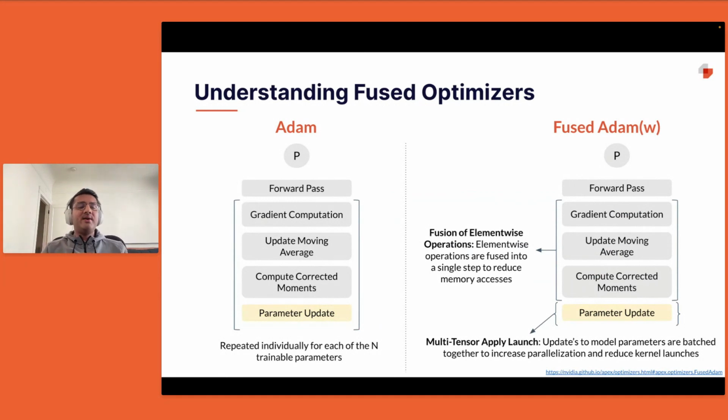And then there's a step of bias correction to prevent wrong values. And finally, you update parameters. But it turns out the way regular Adam works is quite inefficient. And the reason is that it does each of these element-wise operations, so gradient computation, updating moving averages, and correcting moments, sort of individually. So there's a lot of memory accesses that happen because of that.